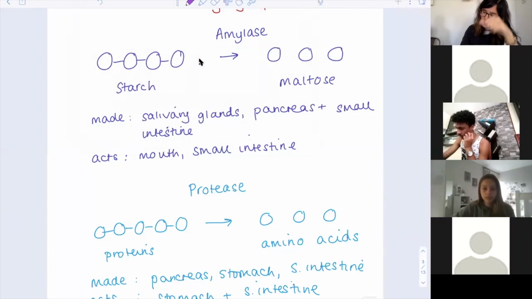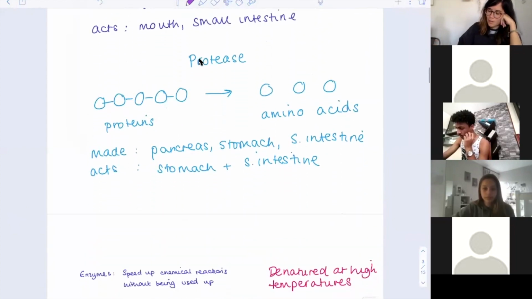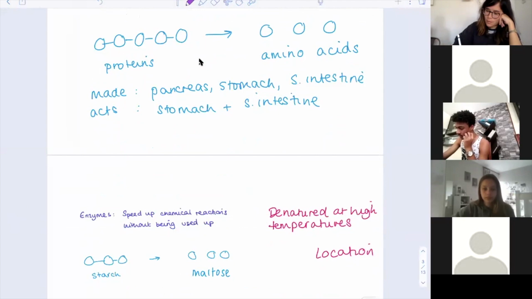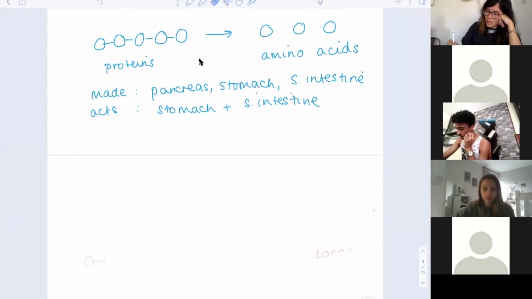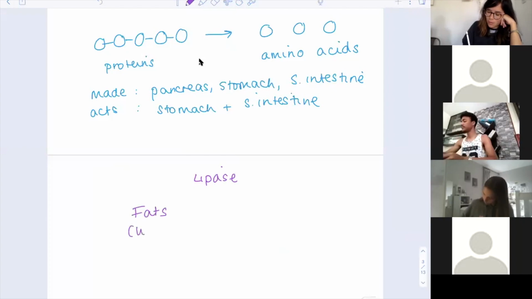Okay, and then I was making some notes to myself here. The last enzyme we need to talk about is the enzyme lipase, which acts on fats or lipids, if you're feeling fancy.